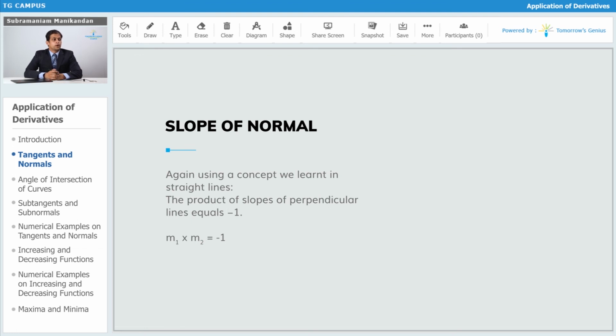Now, as I said earlier, the normal is perpendicular to the tangent at the given point. And from straight lines, we know that the product of slopes of perpendicular lines is equal to -1. The very famous relation m1 times m2 is equal to -1. This holds only for the slopes of lines which are perpendicular to each other.